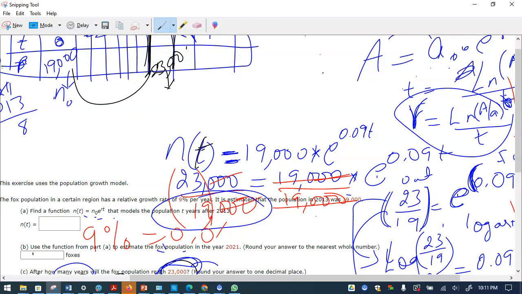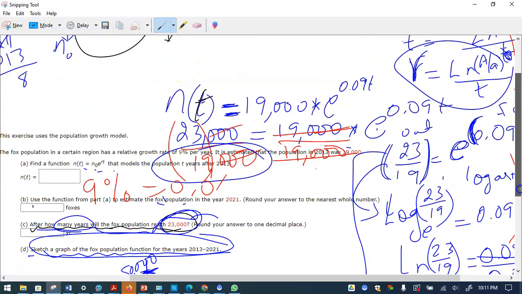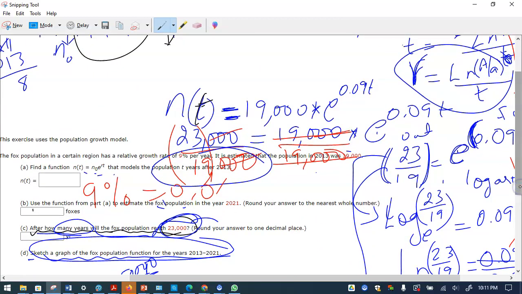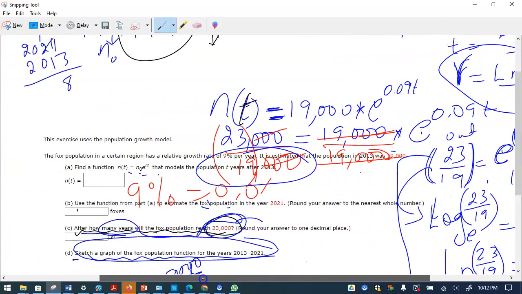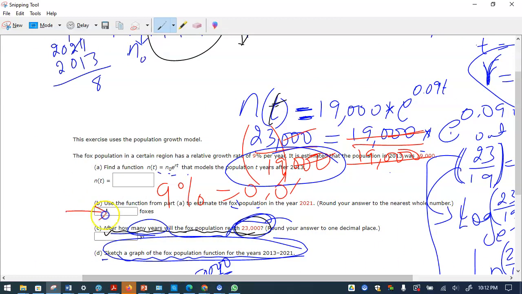So after 8 years, that's what we have seen, right? What was the answer we got? Remember the second question, in the year 2021, the answer was 39,034.